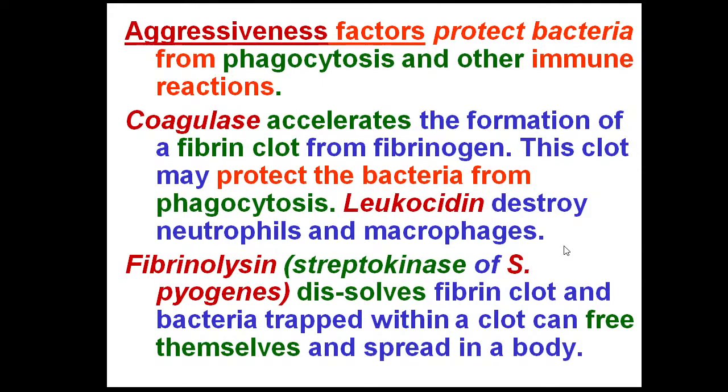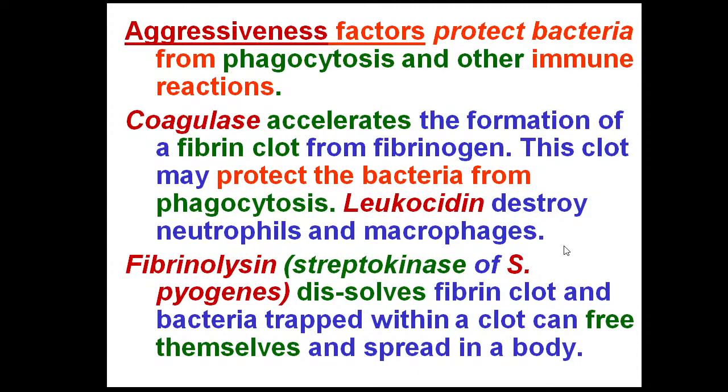For example, coagulase accelerates the formation of a fibrin clot from fibrinogen. See, this is called coagulase. It causes coagulation of blood. And this clot may protect bacteria from being phagocytosed because in the gel, phagocytes are not active. So coagulase is really an aggressive factor.